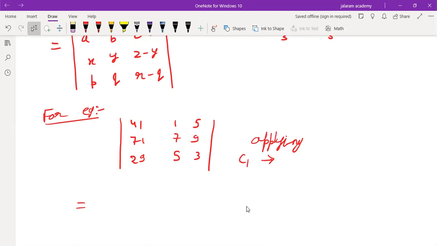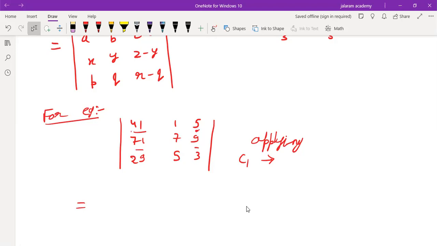The main purpose is to bring 0 and 1. So 41, and if we multiply column 3 by 8, 5 8s are 40, and if we subtract it from 41, 41 minus 40, it will be 1.